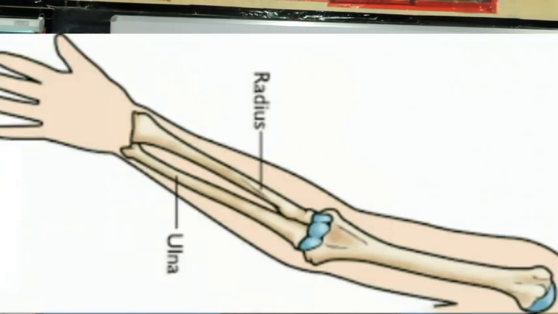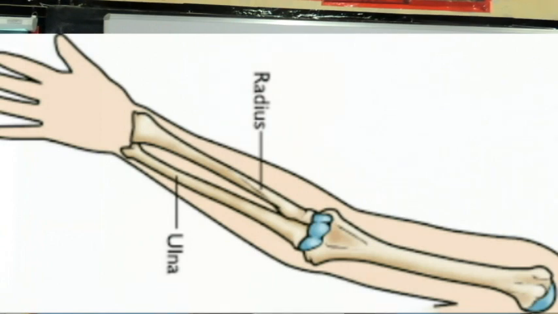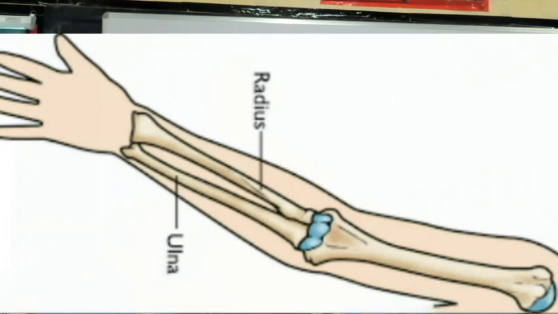The two bones are radius and ulna. This radius and ulna is further connected to the carpals, and then to the metacarpals and smaller bones, sometimes called phalanges also.